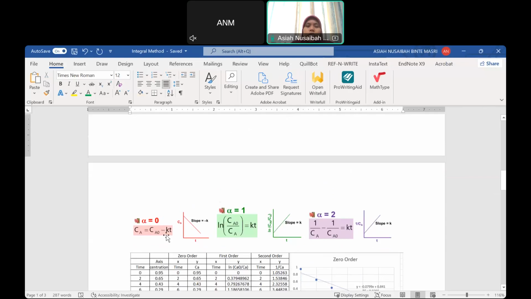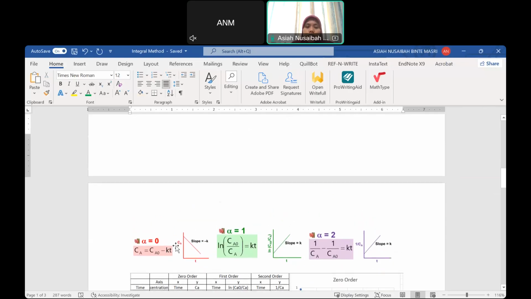Alpha equals 0 means we have to plot the graph of CA versus t. Alpha equals 1 means we have to plot the graph of ln(CA0/CA) versus time to fulfill this equation. If alpha equals 2, then we have to plot a graph of 1/CA versus time.